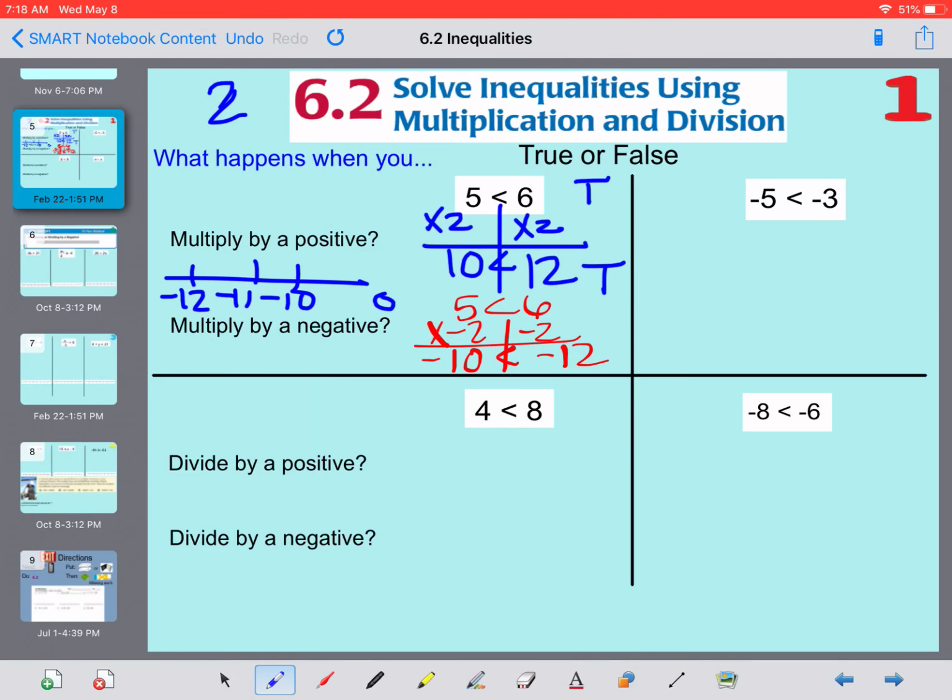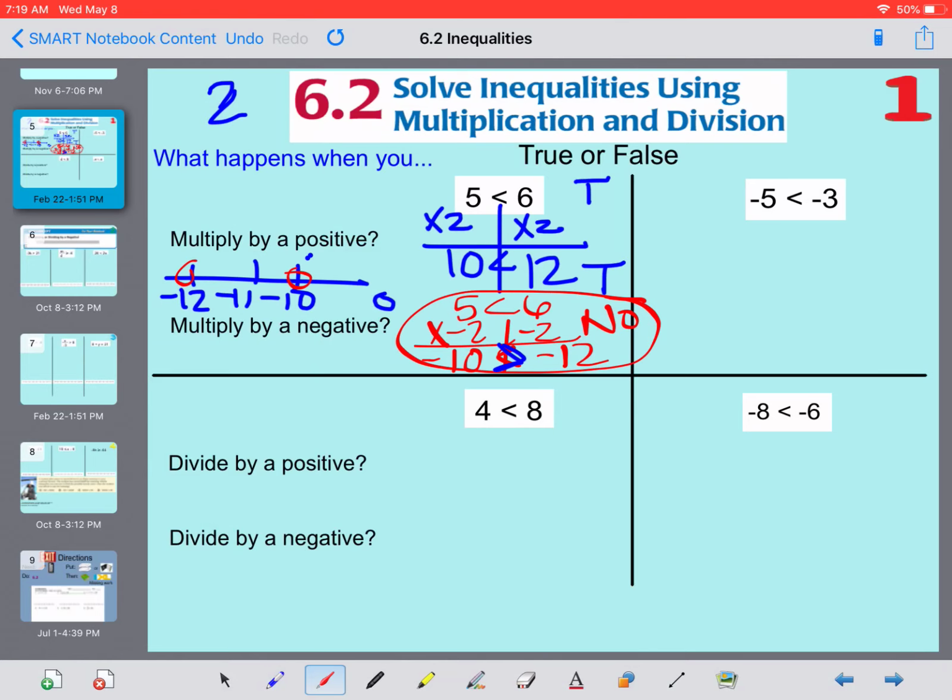We go negative to the left. Is negative 10 less than negative 12? That would be no, it's not true. That would be false. So when we multiplied by a negative, that's not true. To make this true, we would have to flip our symbol here and say that negative 10 is really greater, or closer to the positives, than negative 12.